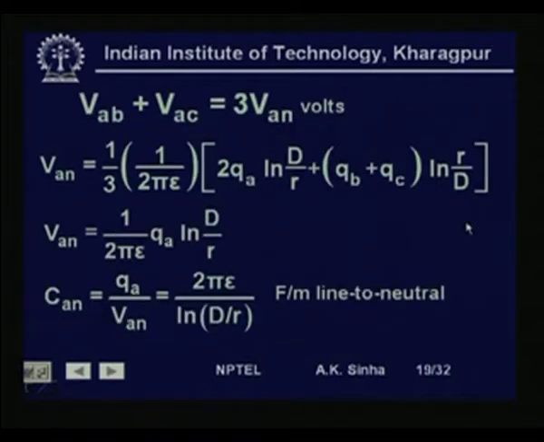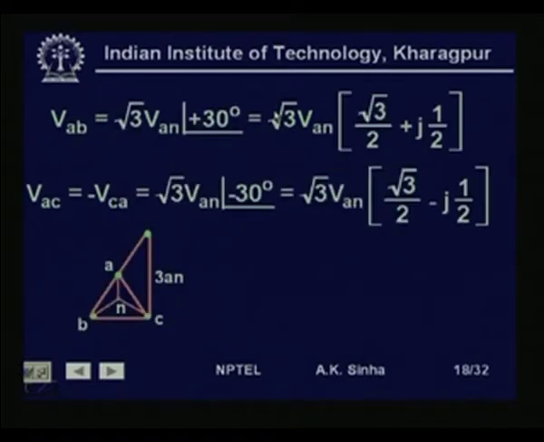So, now if we add these two voltages VAB plus VAC, we get this as equal to 3 times VAN. That is, if we add these two, the j half and minus j half will cancel out, and we have got 2 times root 3 by 2 into root 3 times VAN.